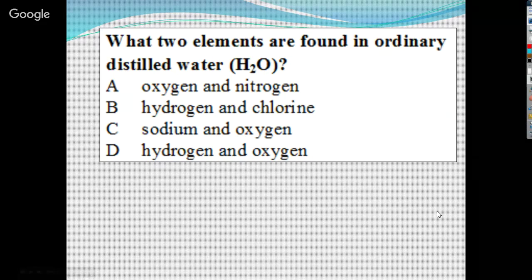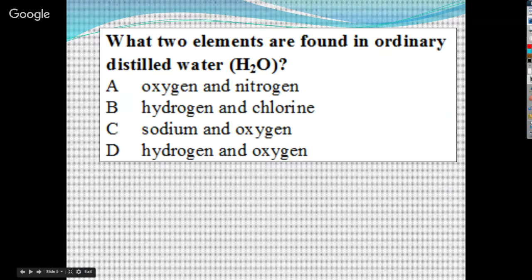Okay, this one should be self-explanatory. What two elements are found in the chemical symbol H2O? Hydrogen and oxygen. Those are the two elements found in H2O.